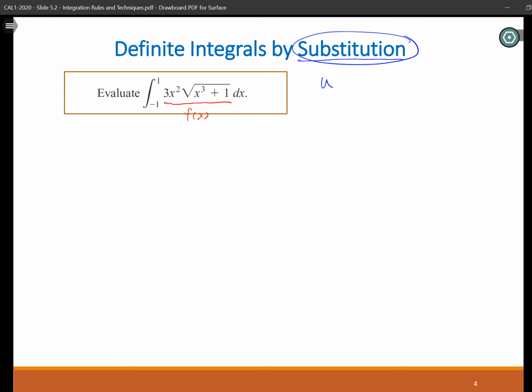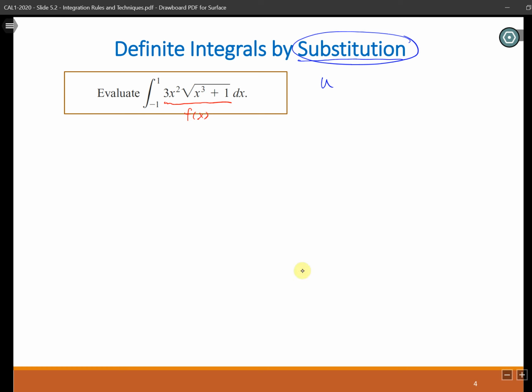So this comes down to experience. If you do a lot of problems, you are going to start to see where you should go. From my experience, you should put it in the place where it's complicated. For me, I would put u where we have layered functions. What layered functions means is a function inside a function, or you can say a composite of functions.